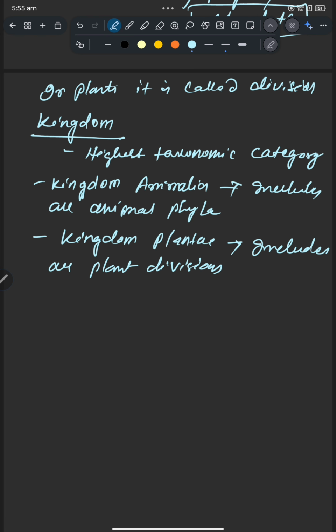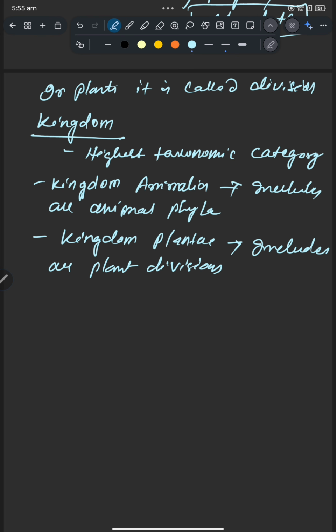So what is the main feature of taxonomic hierarchy? Let me tell you. Lower categories, meaning species, have more similarities. Higher categories mean fewer similarities, and classification becomes more difficult at the higher level.